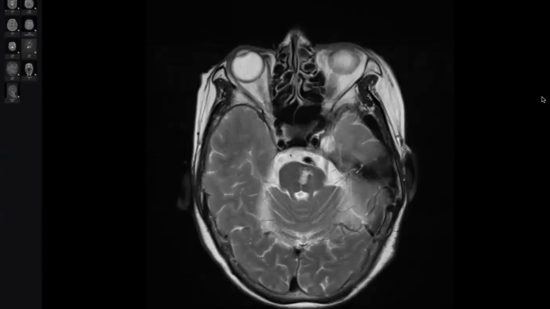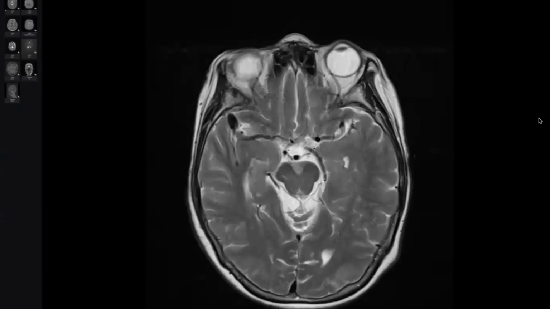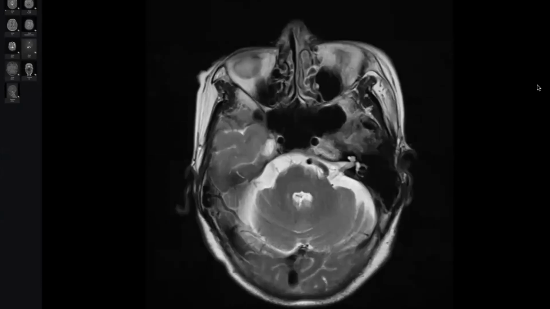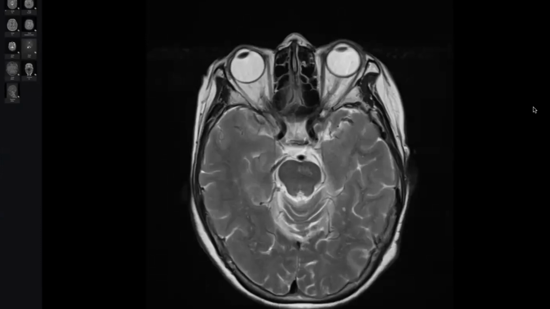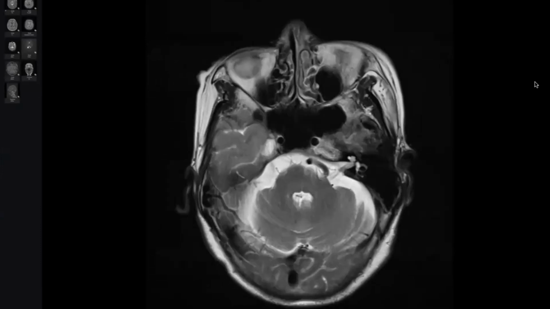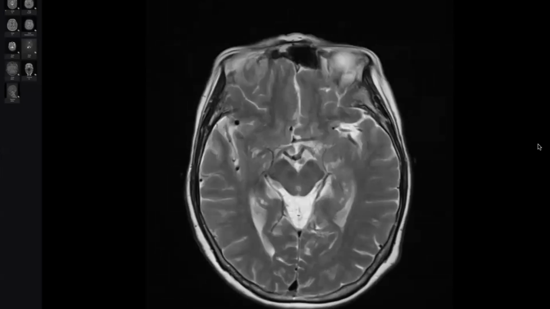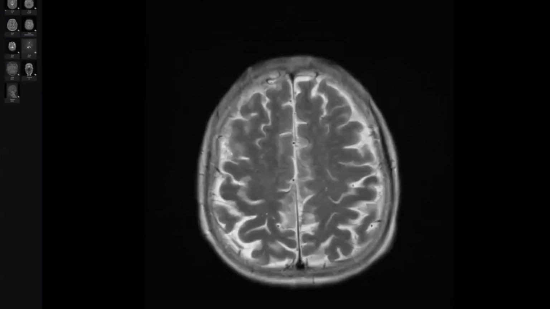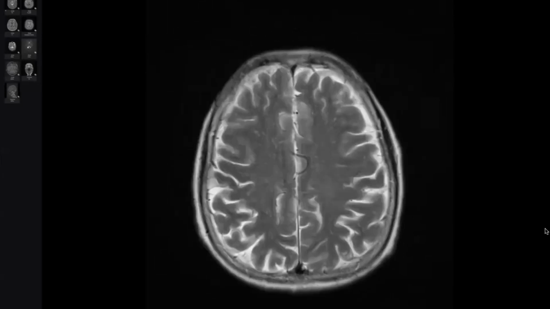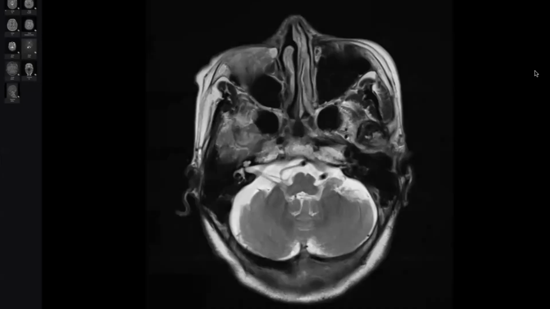I can see an area of hyperintensity within the medulla, predominantly on the left side. Both orbits appear unremarkable.